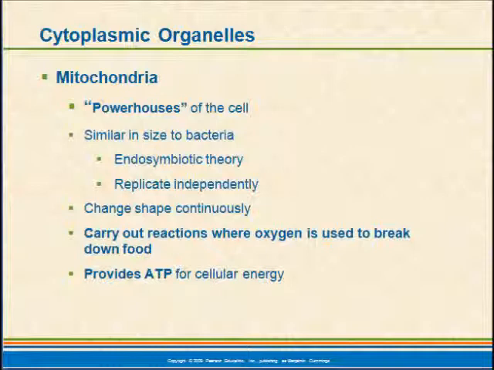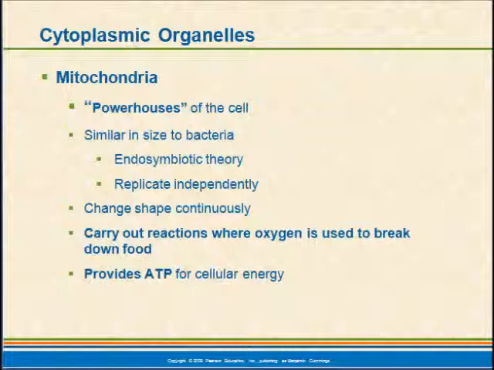Now, mitochondria are small organelles, similar in size actually to bacteria. They are sometimes referred to as the powerhouses of the cell, because they have the metabolic machinery to convert the breakdown products of glucose into ATP.